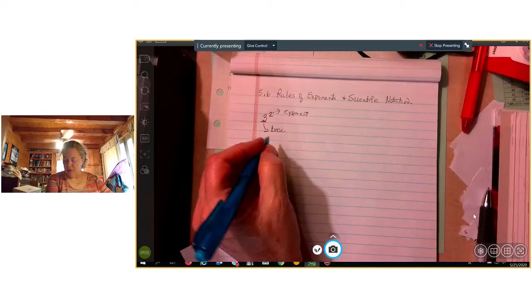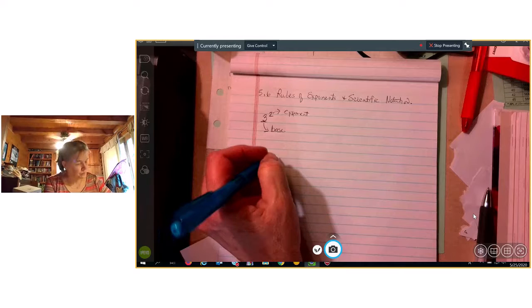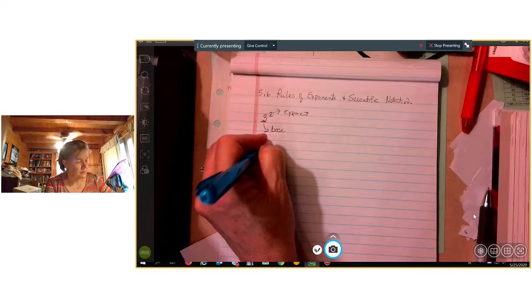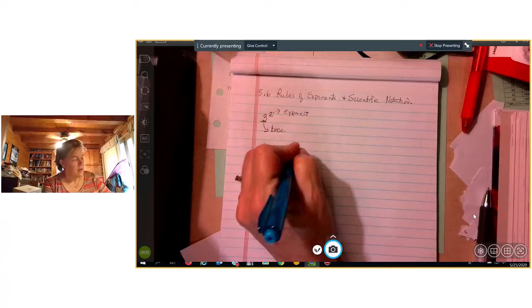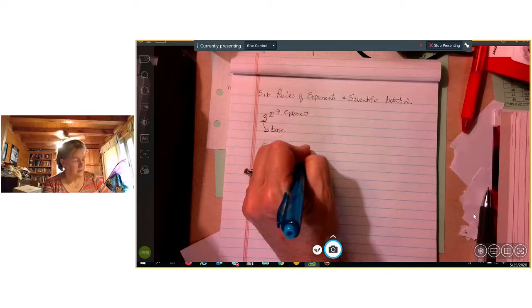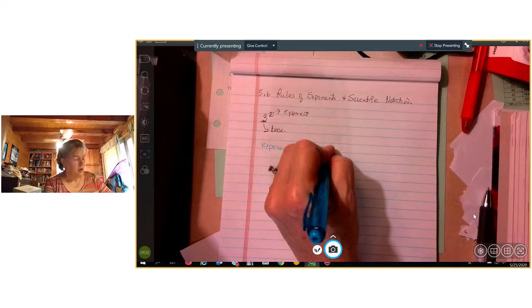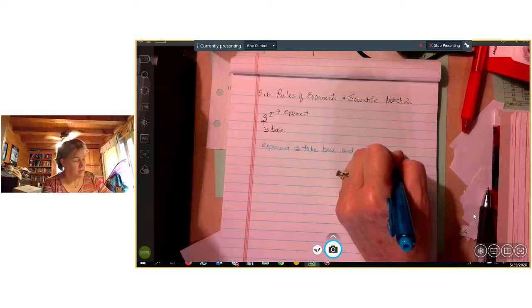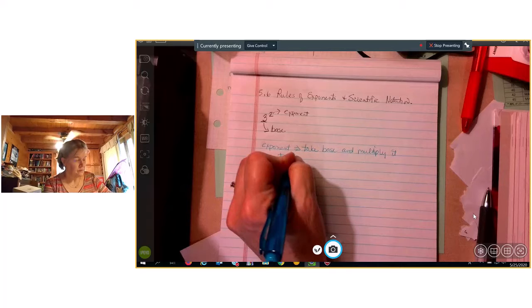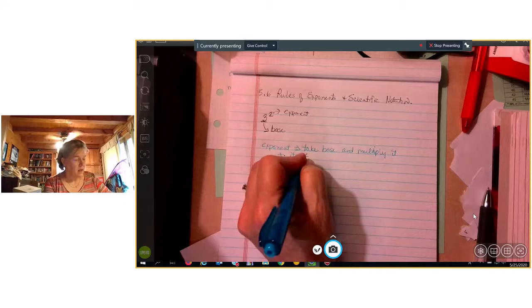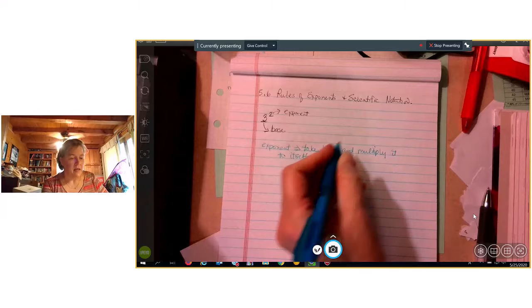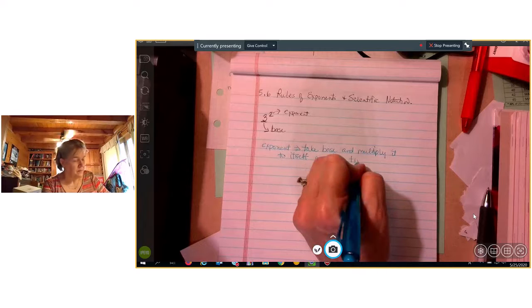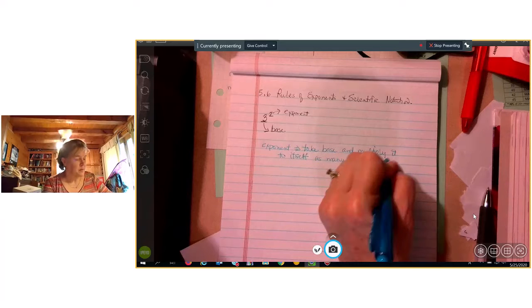So an exponent is telling us that we take the base and multiply it to itself as many times as the exponent tells us.